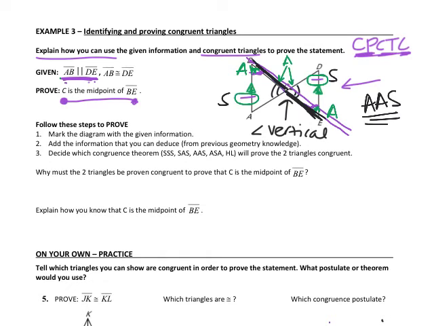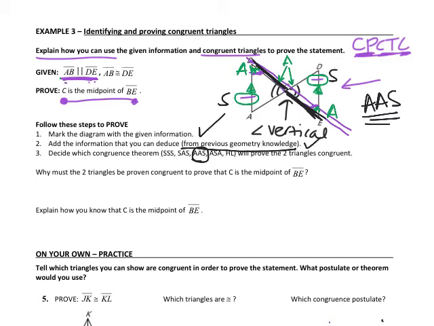So we've used AAS, and if we take a look at the directions here, the steps that we want to follow: mark the diagram with the given information. We did that. Add the information that you can deduce from previous geometry knowledge, which I was encouraging you to do using your alternate interior angles and also vertical angles and things like that. Decide which congruence theorem to use. We did. We picked AAS.